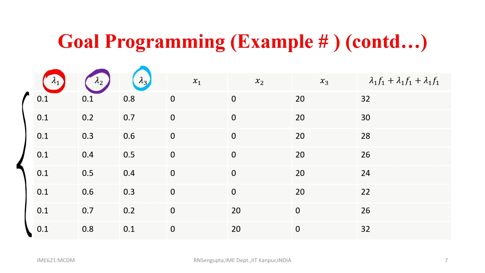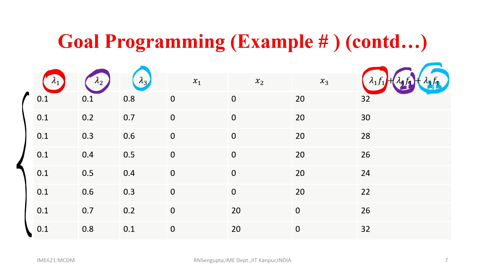Now, as I solve them, I get the following values, and the objective function is the weighted value: lambda 1 into F1, plus lambda 2 into F2, and finally lambda 3 into F3.